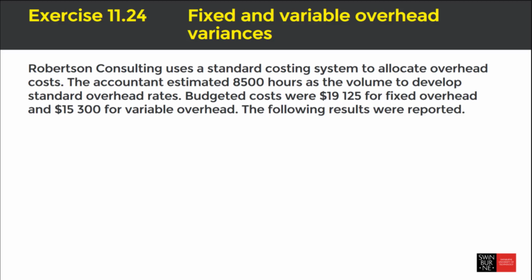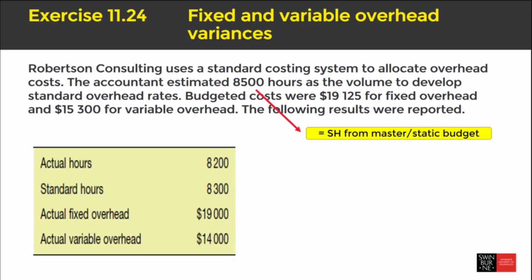So which information is useful for us to calculate variances? 8,500. This is standard hours from the master or static budget. Let's have a look at the data. Actual hours 8,500. This is the actual hours spent in production. Standard hours 8,300.